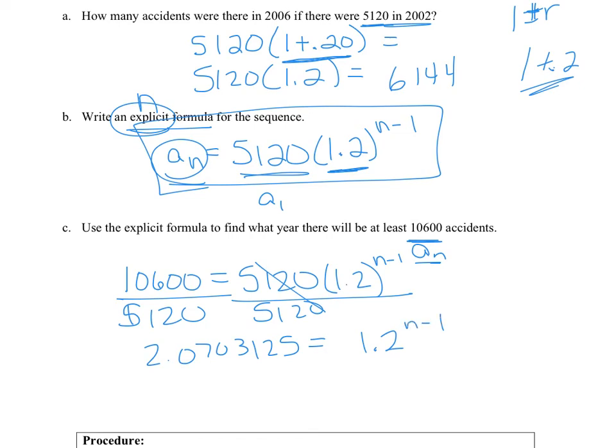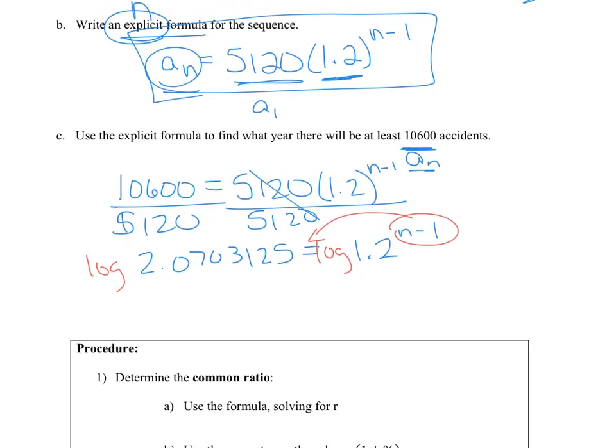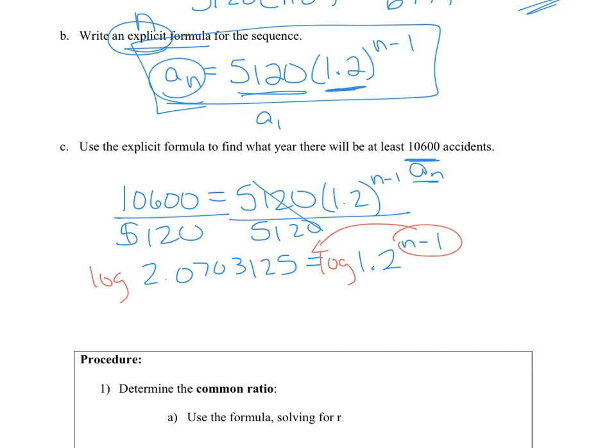Okay, we log both sides. Take this n minus 1 out front. So it's log of this mess. No, I don't want to write it. Log 2.07, that mess, equals n minus 1 times the log of 1.2. Divide by the log of 1.2.